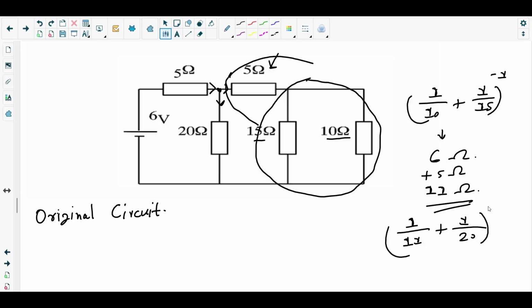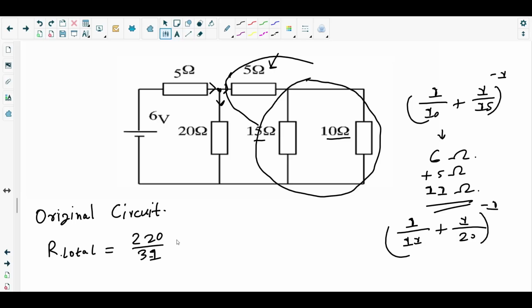Let's find (1/11 + 1/20) inverse. This is 220 over 31, plus the 5 ohm resistance in series.